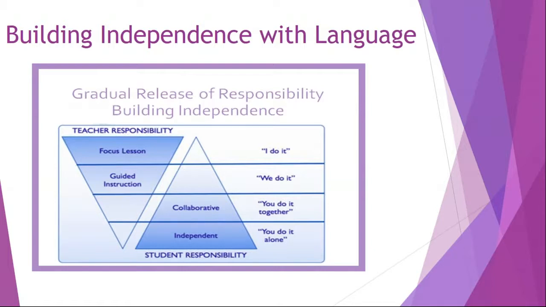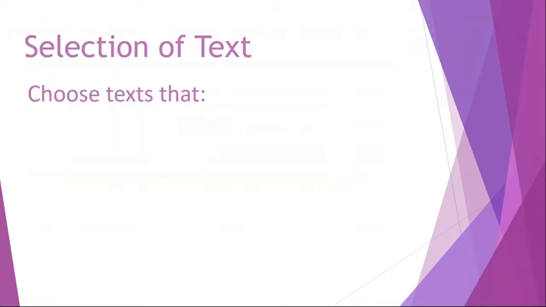In this case, oral language, and being able to use the language outside of the teaching components and be able to use it independently. So as we're selecting text that we want to use to teach oral language, whether it be songs or stories, chants, or action activities, we need to be very intentional about the text that we choose.